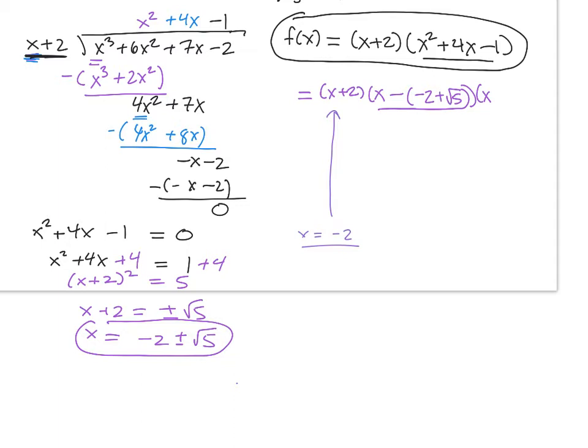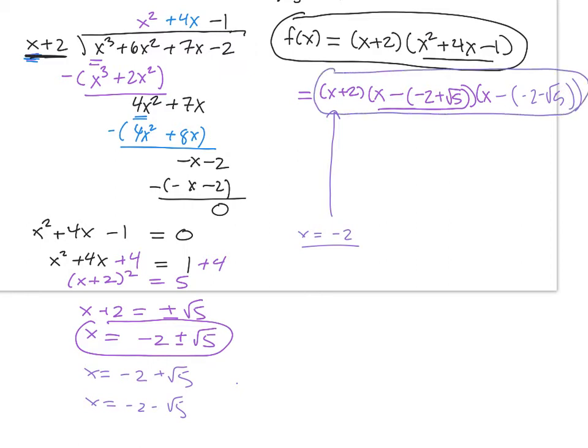Okay, so your other zeros are x equals -2 plus root 5 and x equals -2 minus root 5, right? When you plug those in, you should get 0. So when I plug -2 plus root 5 into this thing that I just wrote down, does it zero out? Yes. It's something minus itself, right? So then what would the other one have to be? X minus, what's the other 0? -2 minus root 5. And there it is as a product of linear factors.